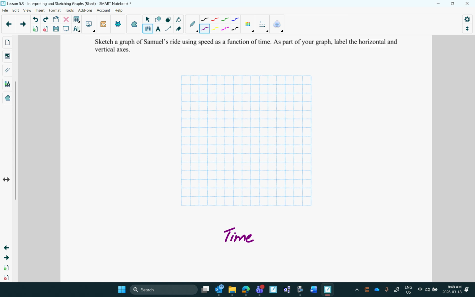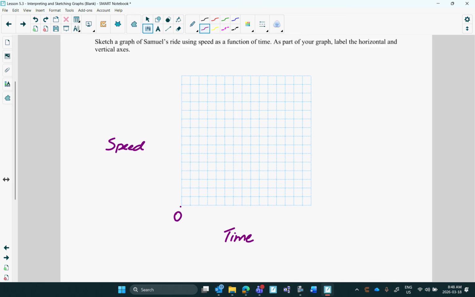Kilometers? Speed. So we know that this is going to be 0, 0. No time has passed, he hasn't started the bike ride yet, hasn't pedaled yet, so he hasn't gotten up to any kind of speed.